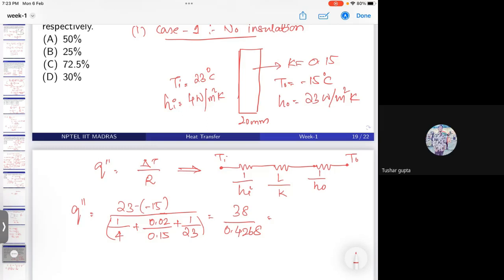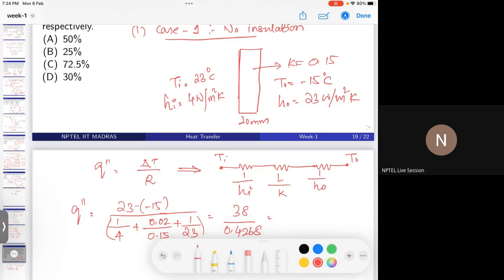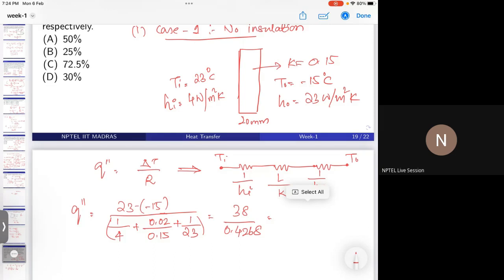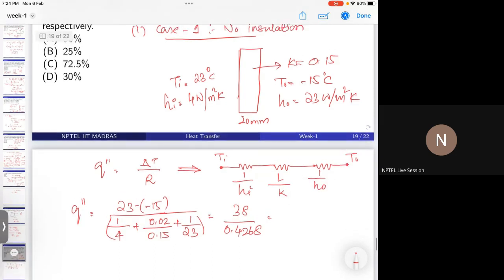Sir, 89.03. Yeah, almost 89. I am getting 89.6, so there may be some small difference. So is the resistance 0.4268? Yes, sir. So it's 89.03.